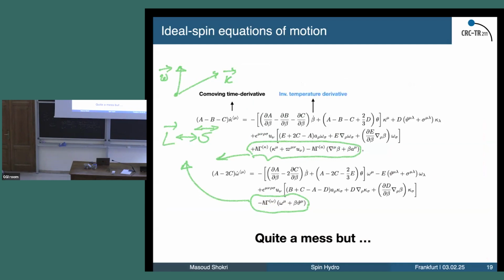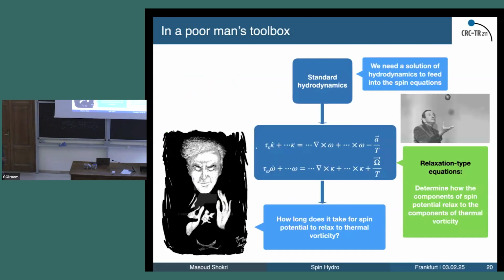And the sources here are the inverse temperature derivative, the expansion scalar, the shear tensor, the fluid vorticity, and so on and so forth. So actually what we need is just a solution to hydrodynamics to feed into the spin equations. And these equations are, as I said, relaxation type equations, and they determine how the components of the spin potential relax to the components of thermal vorticity.